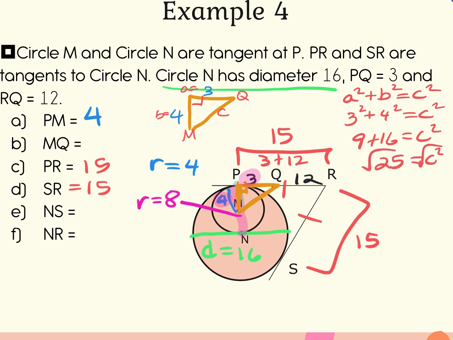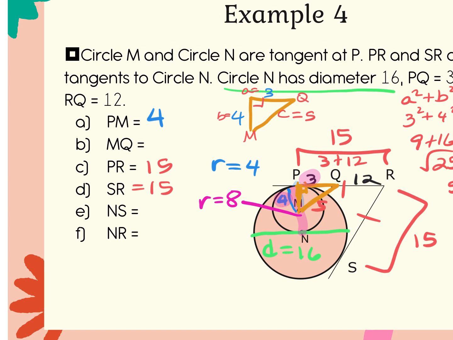Square root it, and I get C is equal to 5, which is what I was asked to find in part B, MQ. So this little piece right here is a 5, and that's MQ.